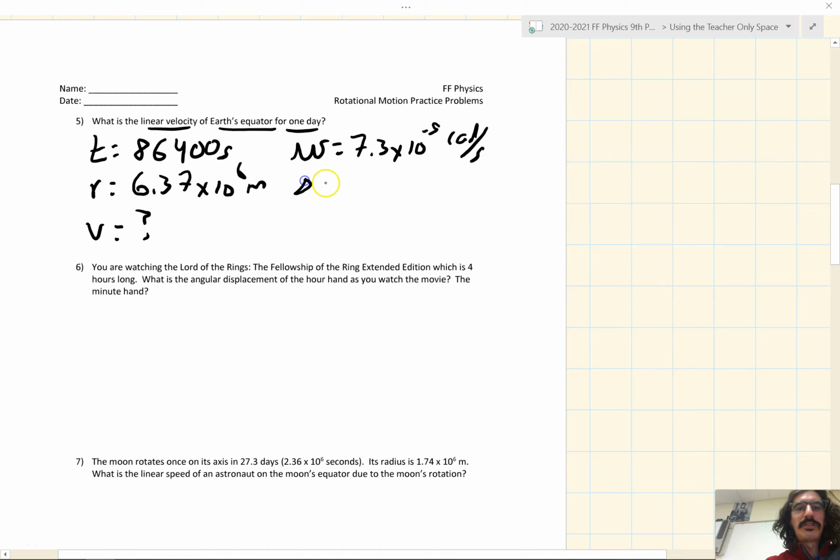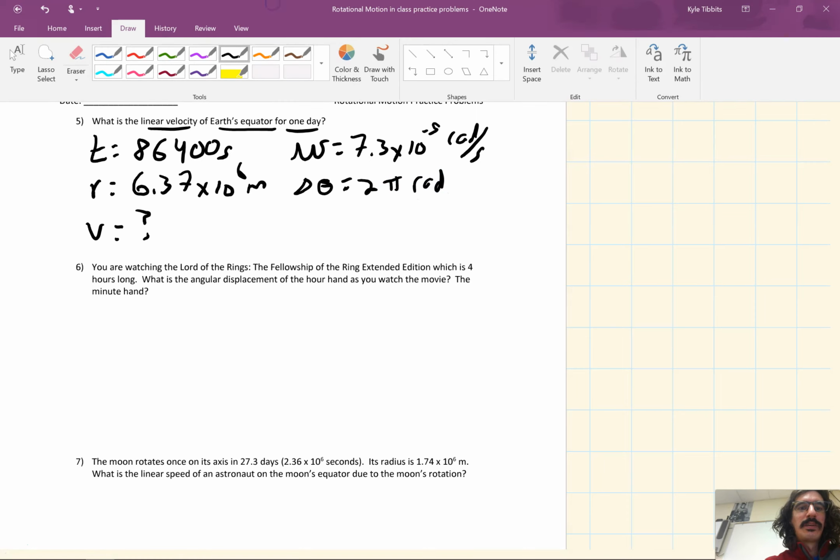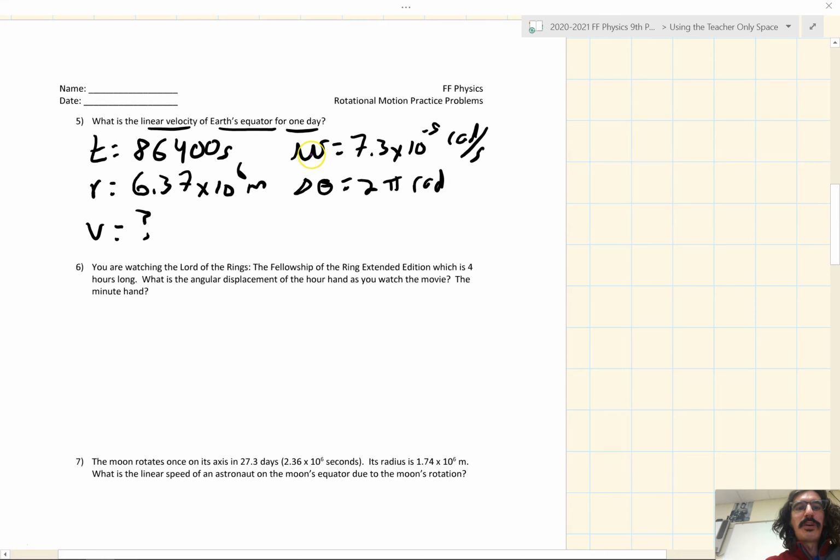And we also know its change in angular displacement, or change in theta, that's 2 pi radians. What we're doing is going from its angular velocity to the linear velocity. The conversion for that is v equals omega r.